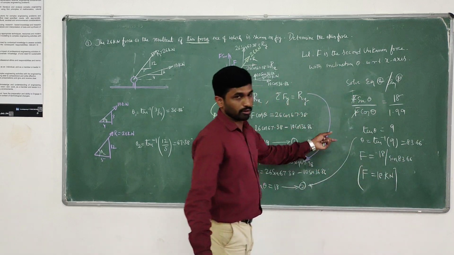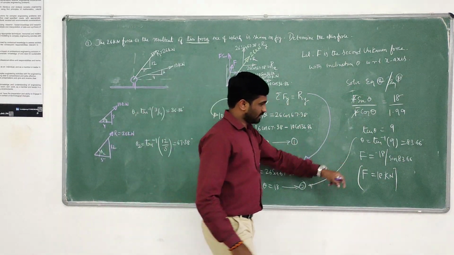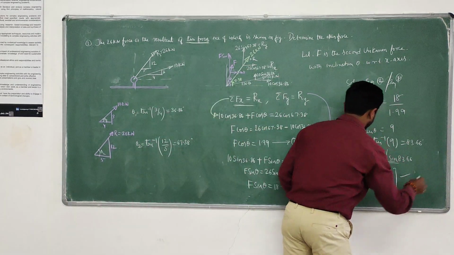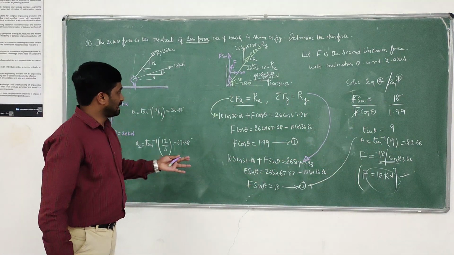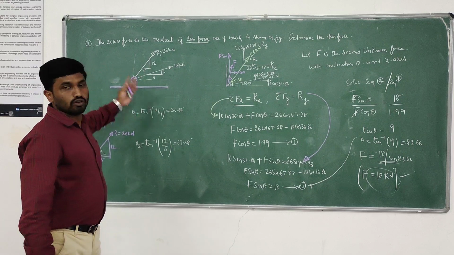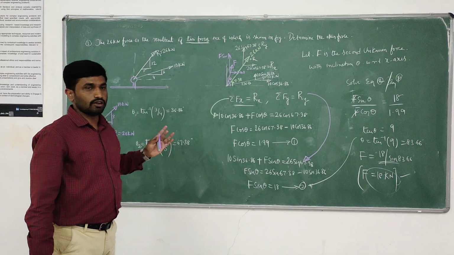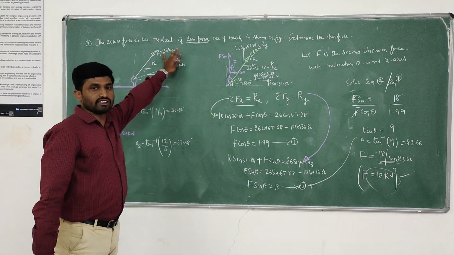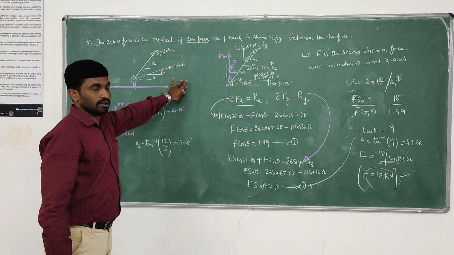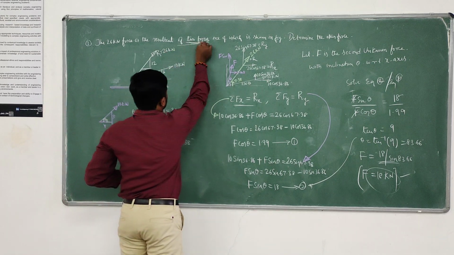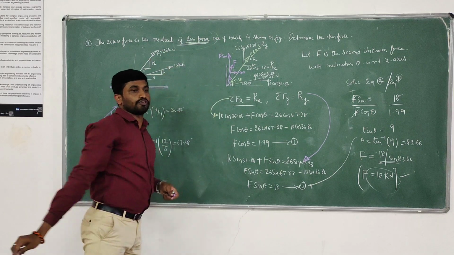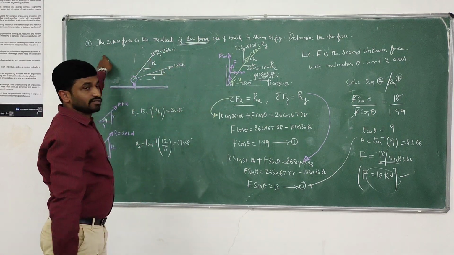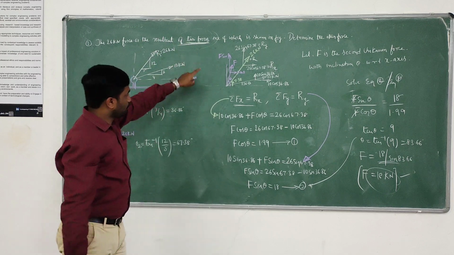So this is the problem. Just solve this, and whatever value you get, write it here. This problem is mainly about how to compute the unknown force and its inclination. In this problem, the resultant is given and one of the forces is given. But in the statement you have to observe that the given resultant is the sum of two forces, so one force is unknown.